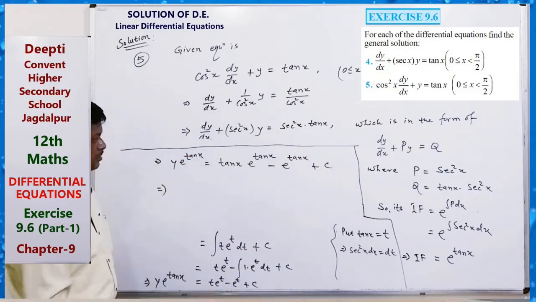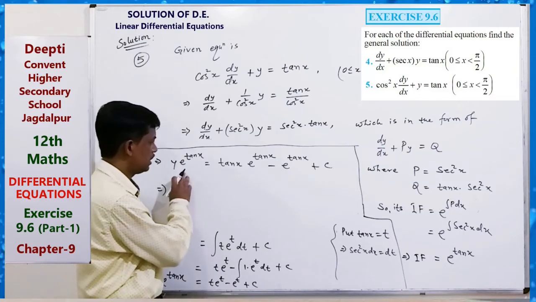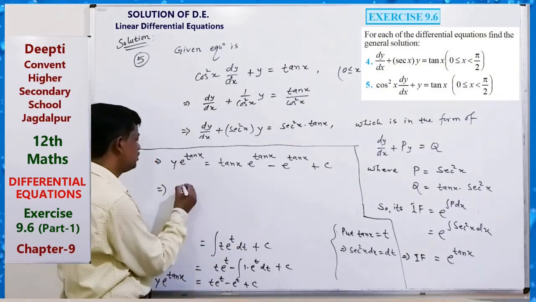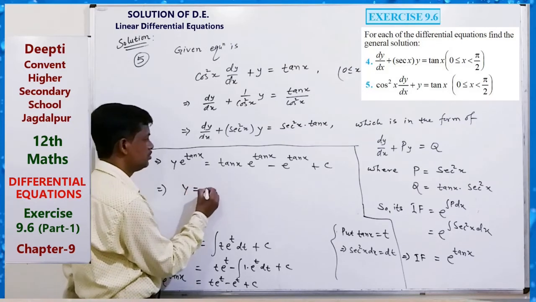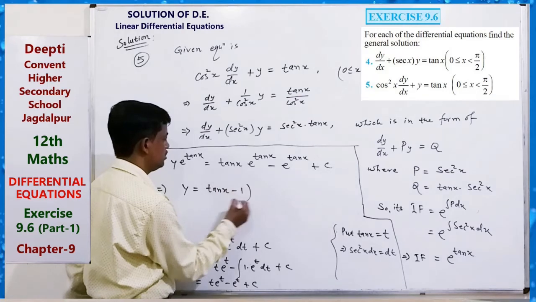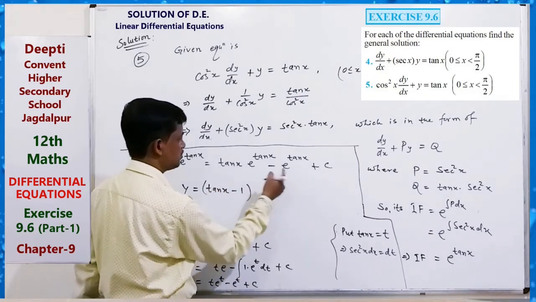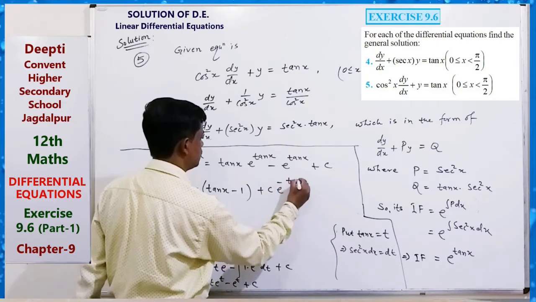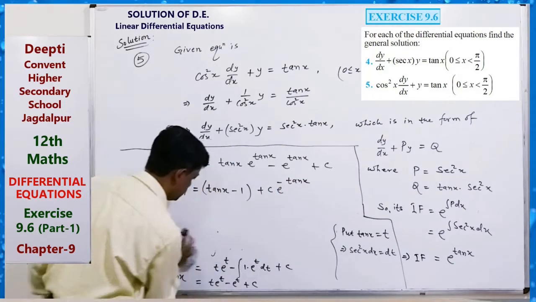So here except one term, all the terms have e to the power tan x, so divide by e to the power tan x, y equals tan x minus 1 plus c e to the power minus tan x. This is the required solution.